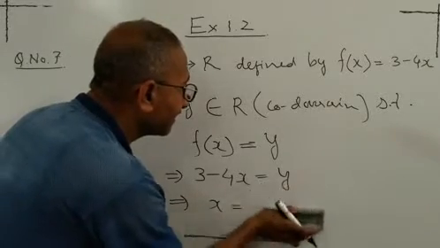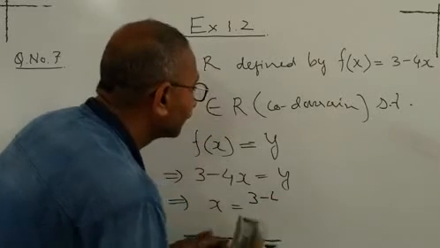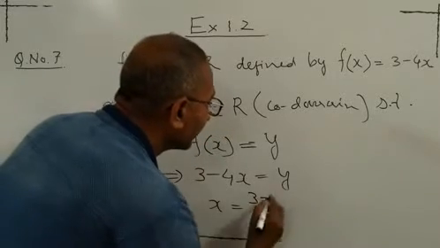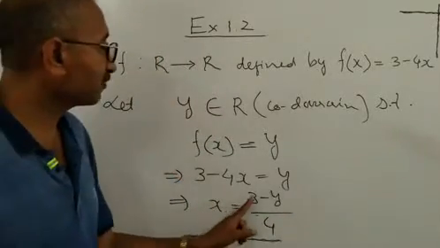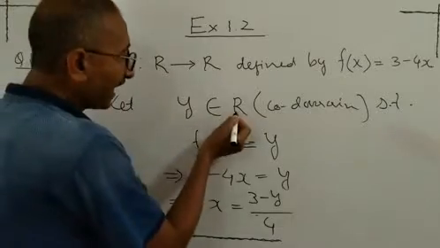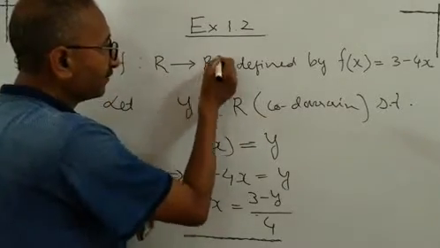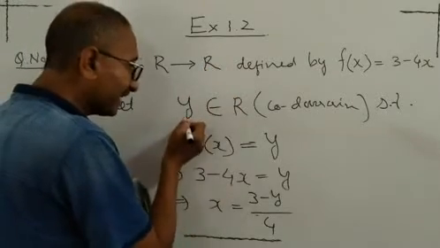So x = (3 - y)/4. Now y I have taken is an element of the codomain. What is the codomain? The real numbers. That means y is a real number.